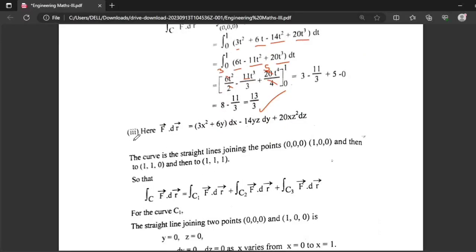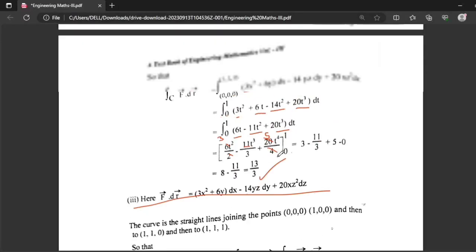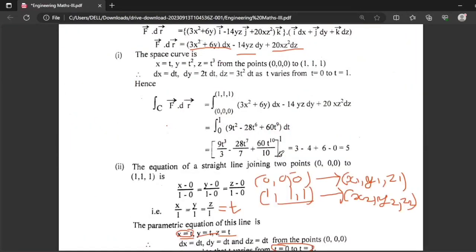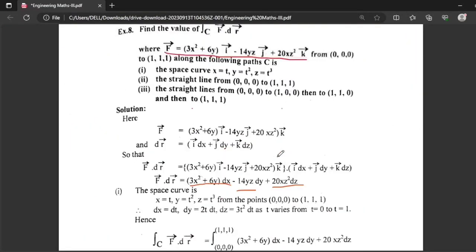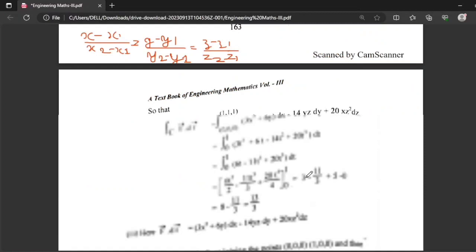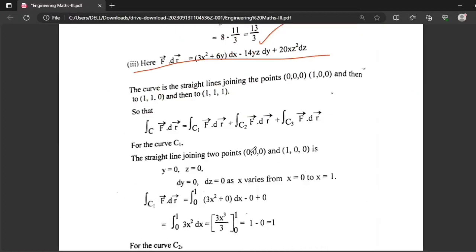The last one is this. From this to this, from this to this, and finally from this to this. Here are the 3 straight lines, so we have to integrate 3 times.